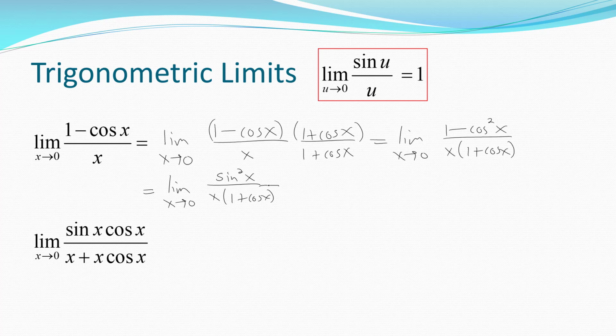Remember, I want to get the sine of x over x by itself, so I'll write that down right away. I have the limit as x approaches 0 of the sine of x over x times, this must be the rest of the fraction, so there's still a factor of the sine of x, and there's still 1 plus the cosine of x.